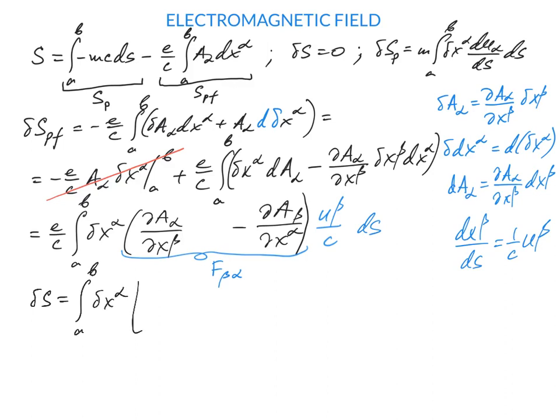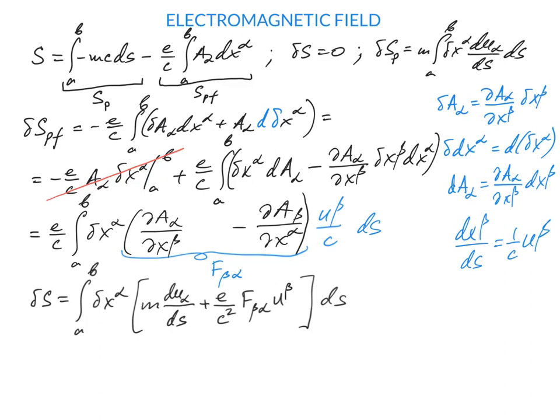Now then there will be a long bracket, and ds is taken outside. So here we have m du alpha by ds. That's from the first term. And from the second term, we have plus e over c squared f beta alpha u beta.